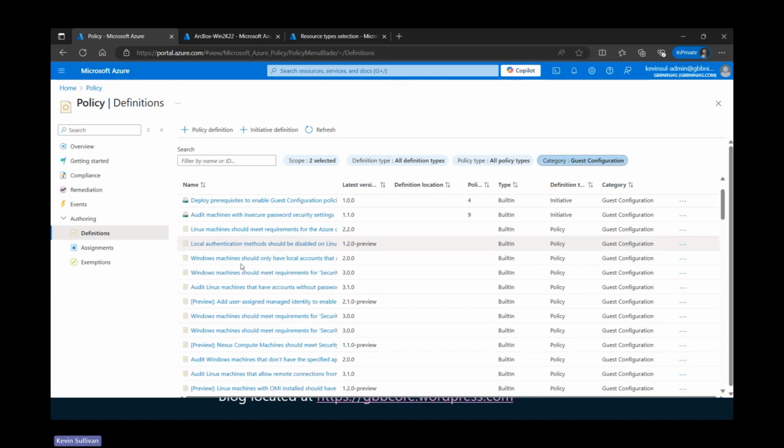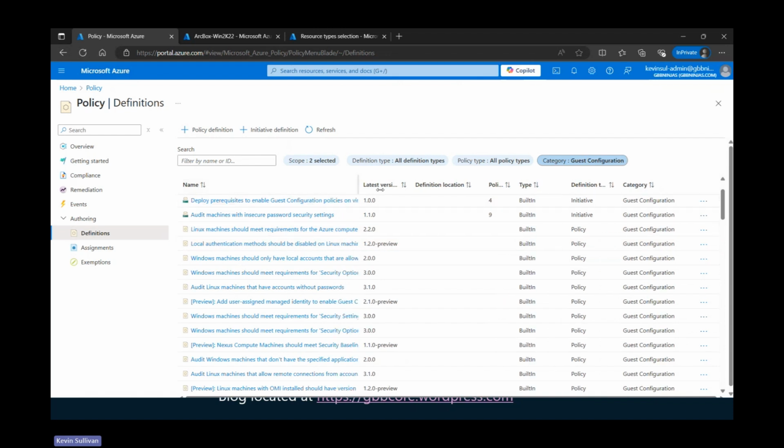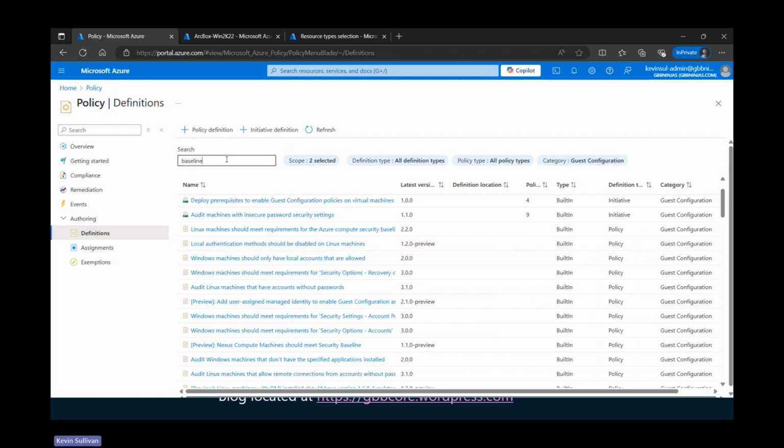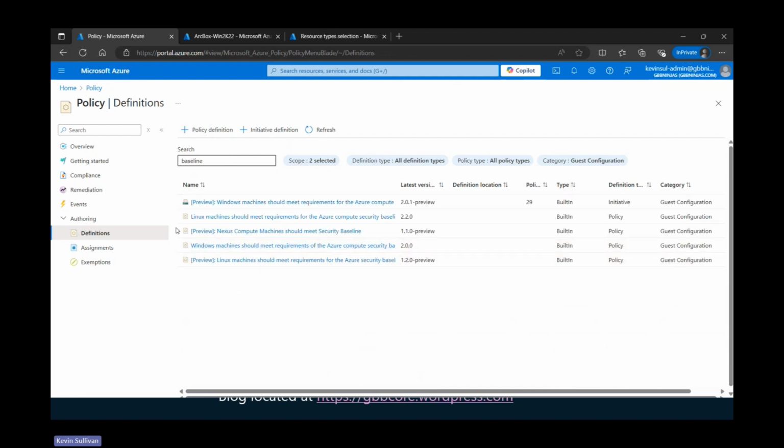Some of the popular ones are things like security baselining, which look at Windows and Linux security baselines, and if they don't meet requirements, you can have them enforce requirements or at least audit you. Those are run inside the guest because they have to manipulate registry or files or the operating system itself within that guest. If you apply one or more of those types of policies to your Arc-enabled things, you'll see that charge of $6, but otherwise you won't.